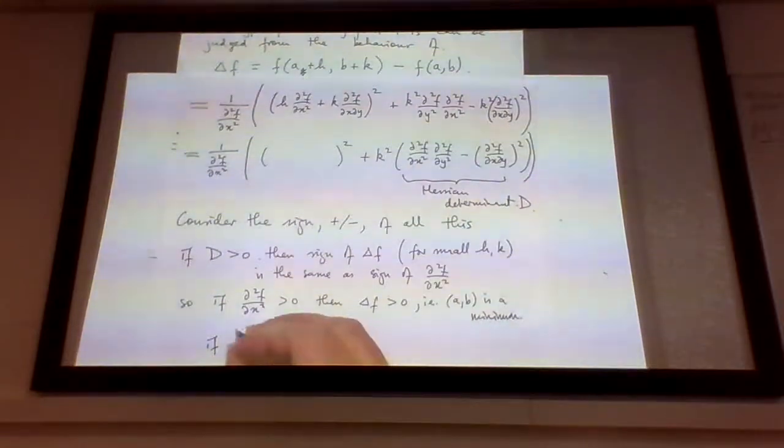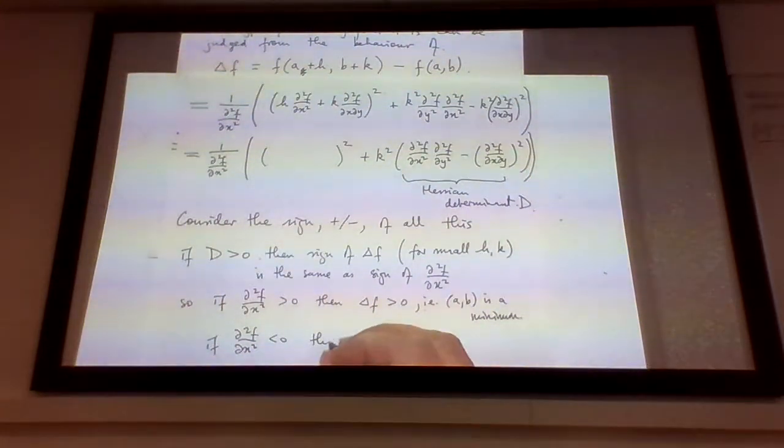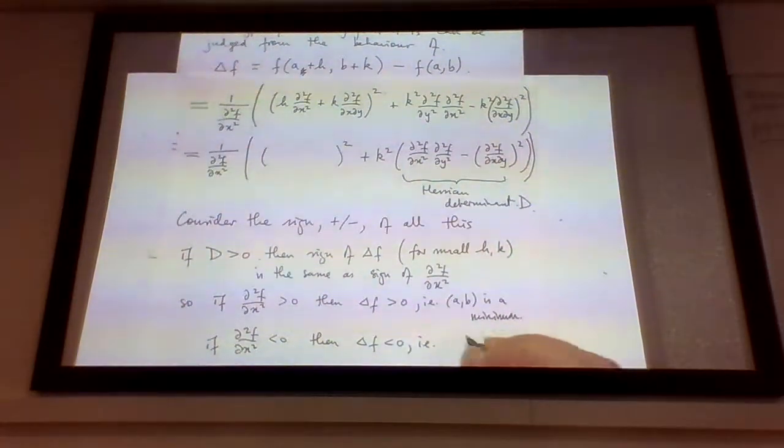And if d2f dx squared is less than 0, then delta F is less than 0, i.e., the stationary point is a maximum.